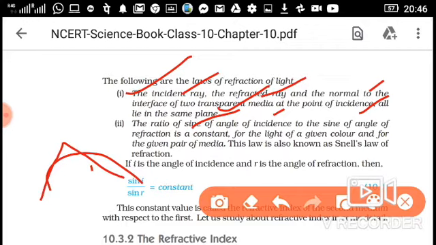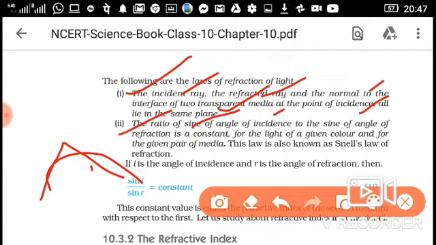Suppose you take a chart paper and put it in a V shape, and if you lift one side, they are not in one plane. Similarly, the incident ray, refracted ray and normal are all in the same plane.